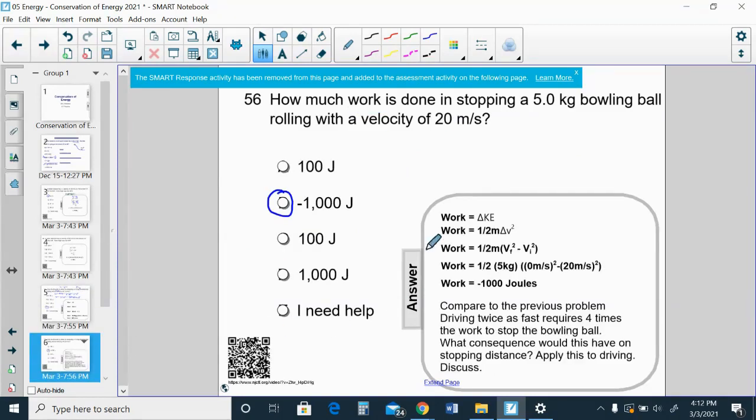Way more than double. Even though the velocity is doubled, we see quadrupling of the work needed to stop it. And that just goes back to the equation and the fact that velocity is squared in that equation. So if you double the velocity, that correlates with 4 times the energy on the other side.